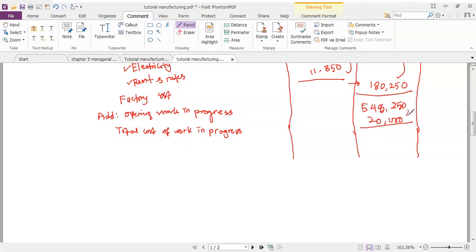Okay, totalkan dua-dua ni, tambahkan. 548 plus add on with 20,000. So you will get 568,250.